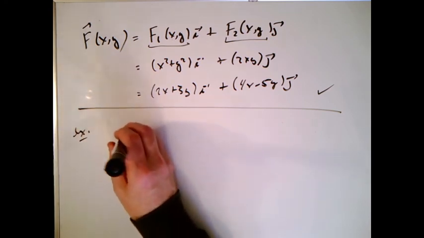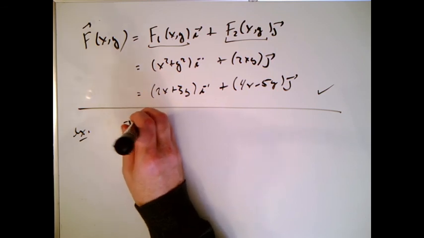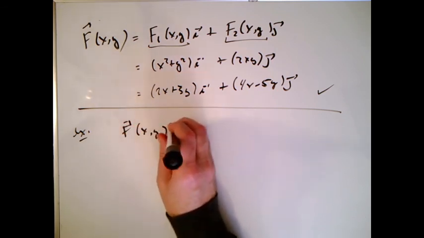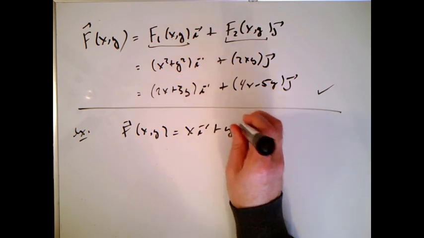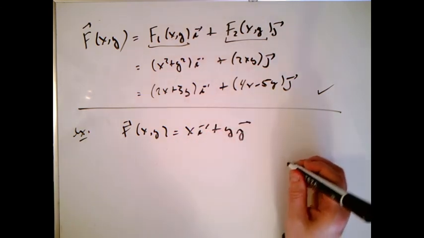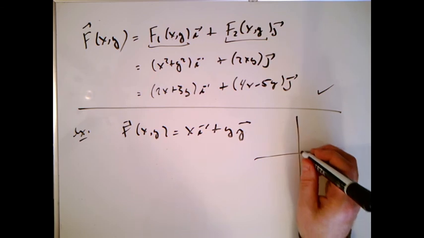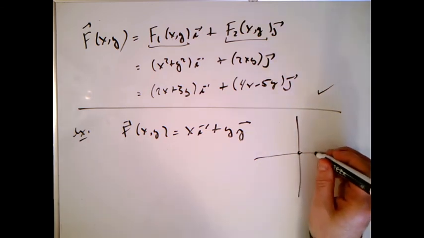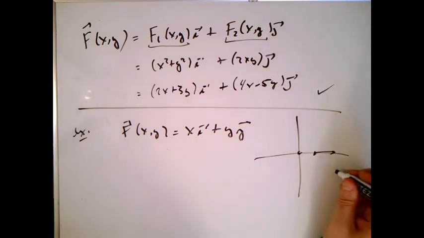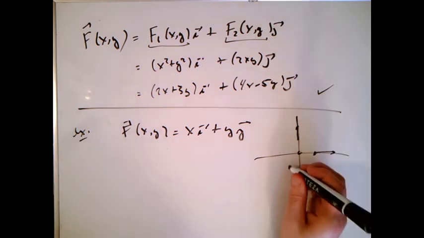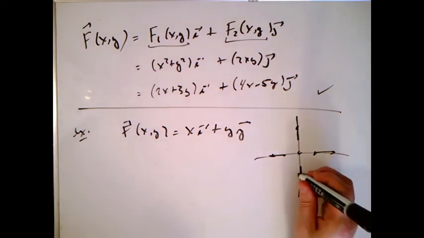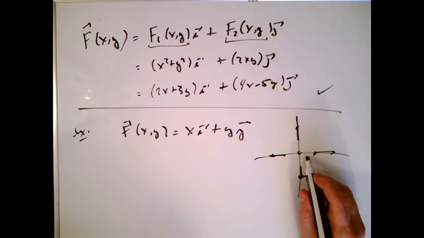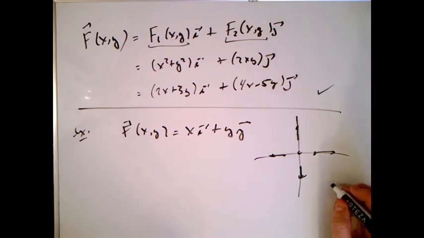One that shows up a lot many times because of physics is xi plus yj. If you actually just start graphing those points, of course it's 0 at 0, right? But if you go to 1, 0, you have an arrow that points out, that points out, that points out, and you can see that the input vector in each case is exactly the same as the output vector.